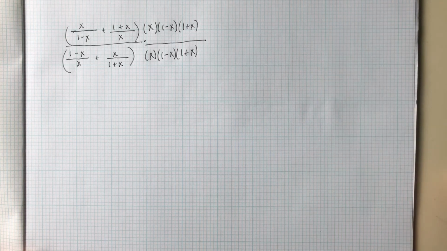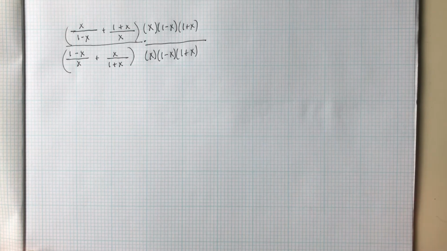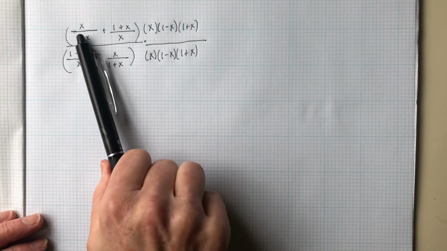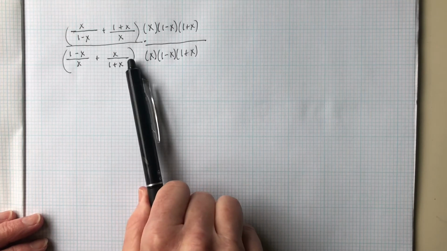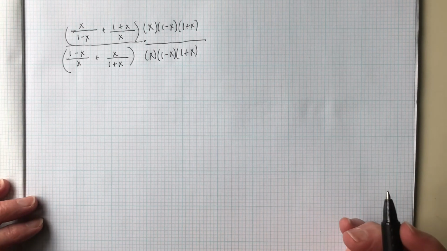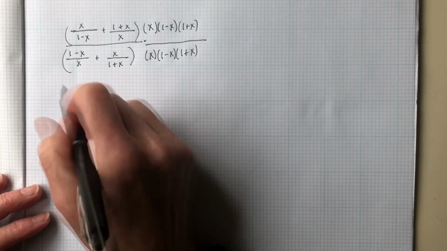So one thing I like to do when I'm multiplying like this is write each factor over the things I'm multiplying. It makes it easier to see what's going to cancel. You don't have to do this step if you don't want to, but I will just rewrite it down here and then we'll skip ahead.